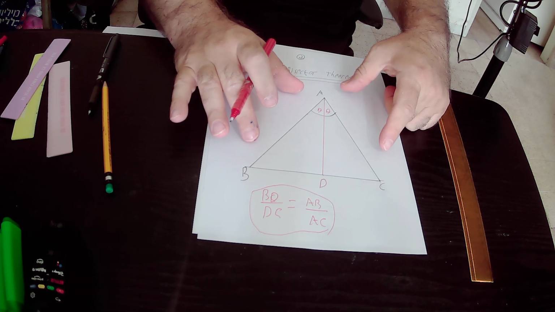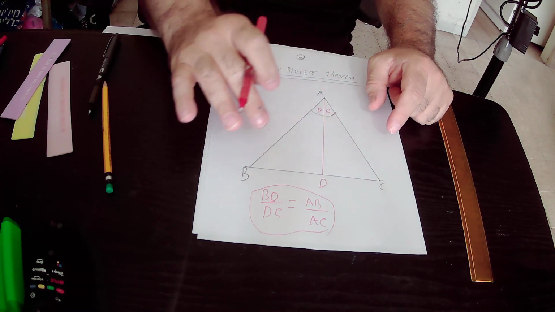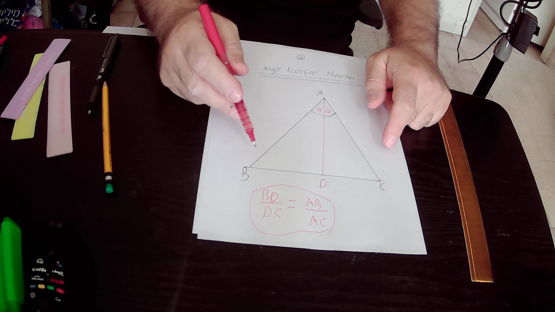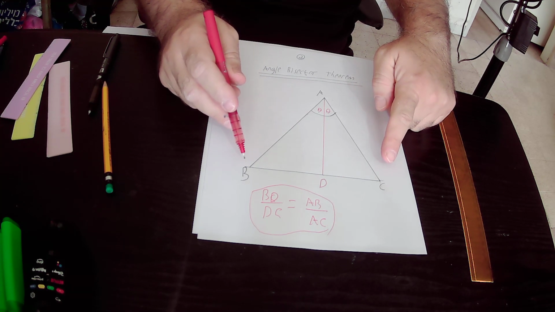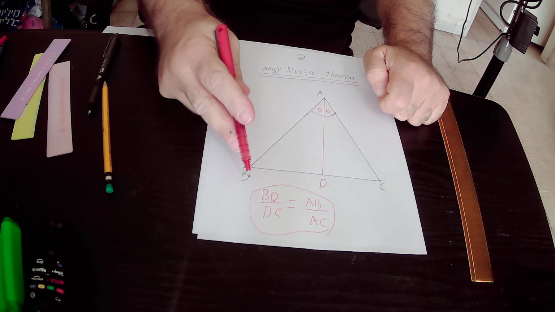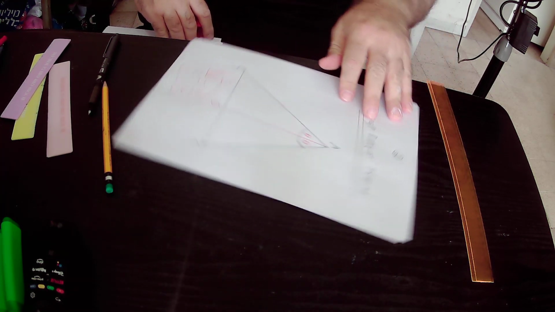So AB over AC equals BD over DC. So I'll write the angle bisector theorem.